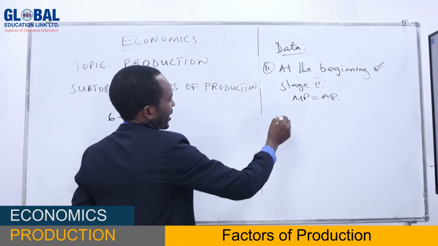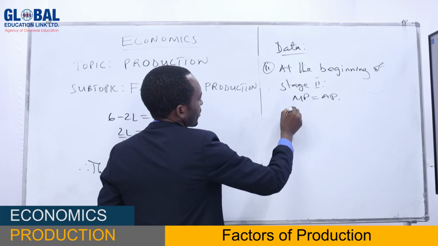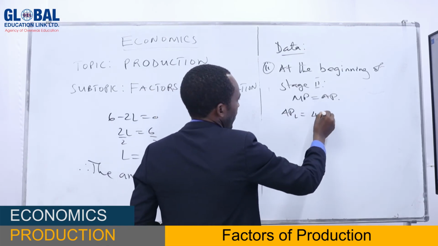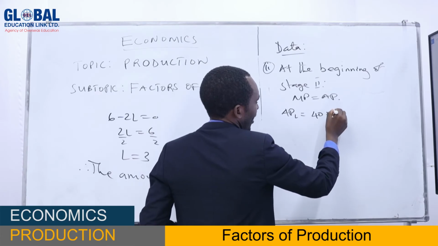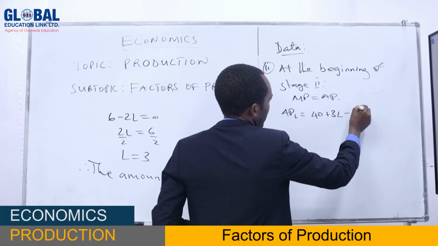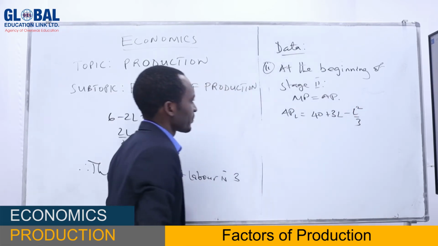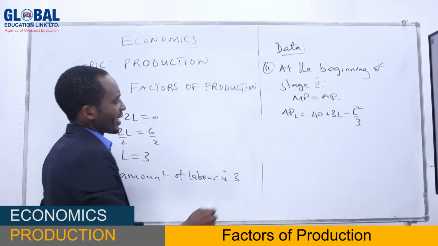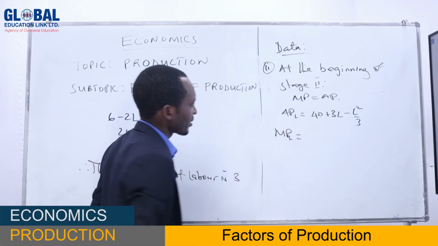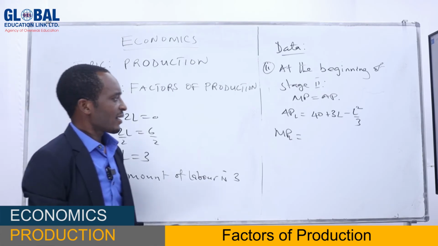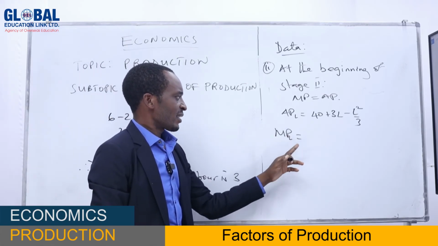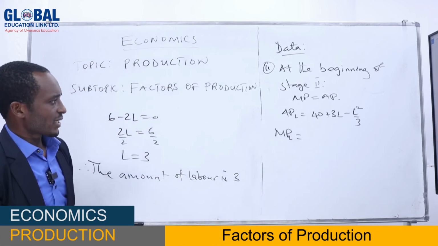So we know that the average product, we are given average product of labor the same as 4 plus 3L minus L square over 3. And the marginal product of labor, this we obtain by differentiating the total product.